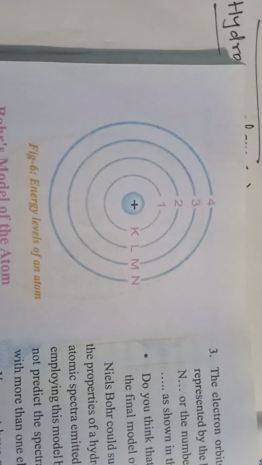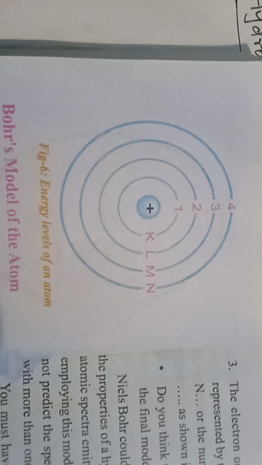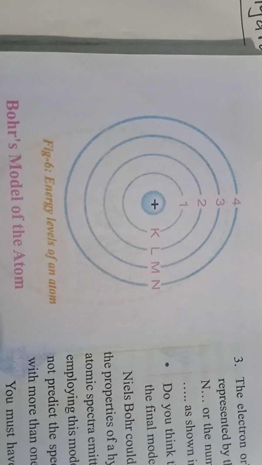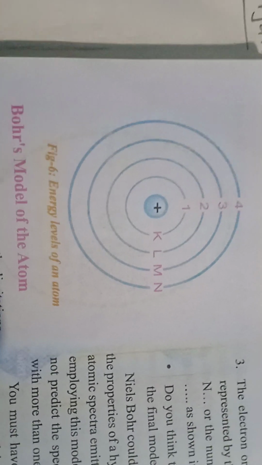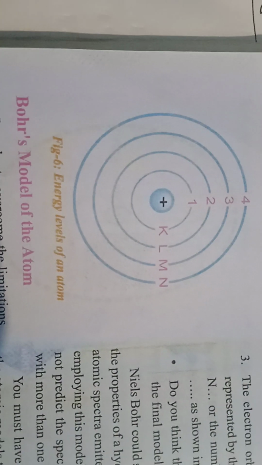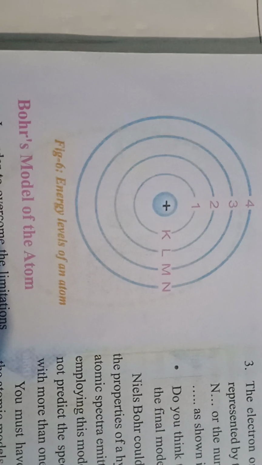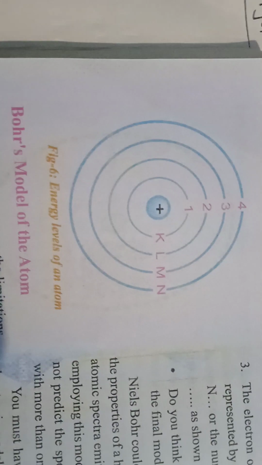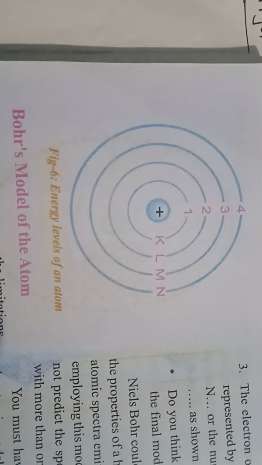So Bohr explained some properties of the hydrogen atomic model, with some postulates in Bohr's model of hydrogen atom. But some limitations are also there. What are the limitations?